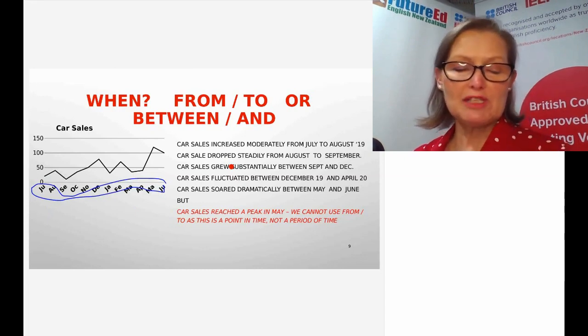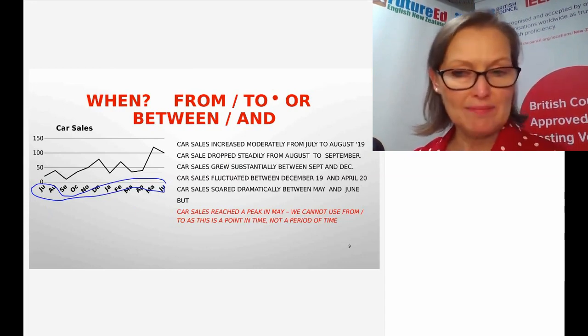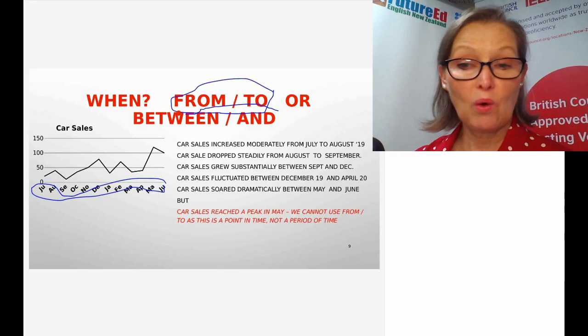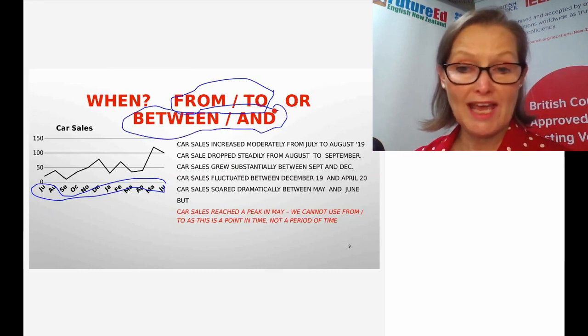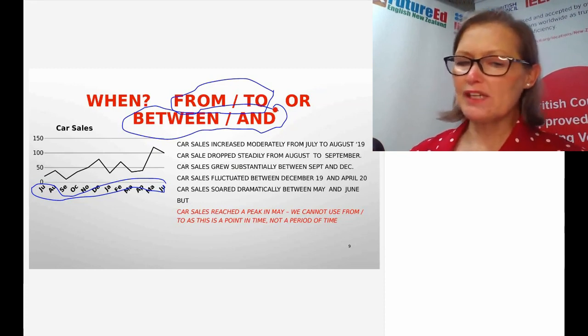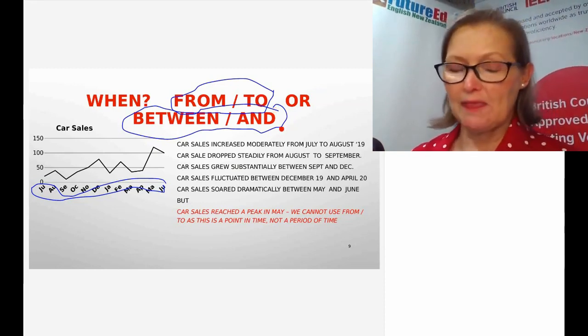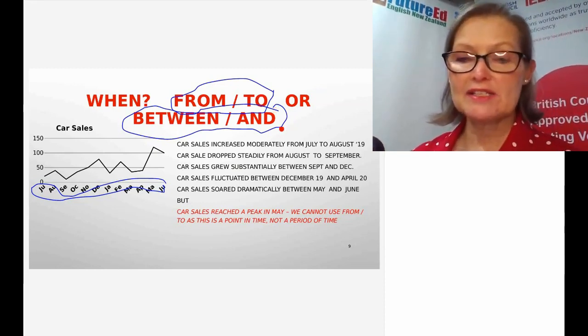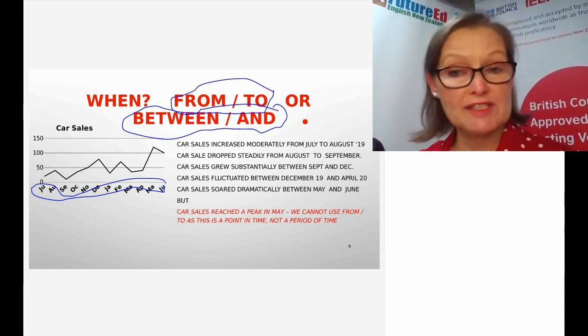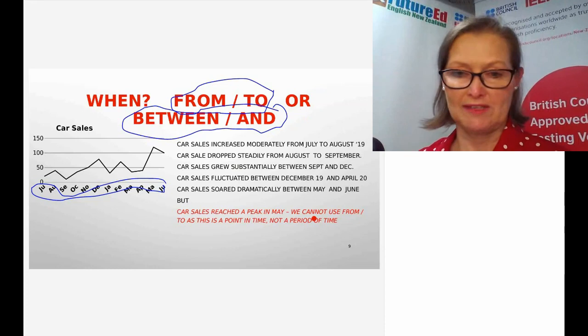So now I'm going to be talking about my period of time. And once again, I'm going to be using these prepositions: from, to, or between, and, okay? Now we can never say from, and we can never say between, two. So get that collocation correct and vary them. You could use each one of them, to show the examiner that you can use these accurately.